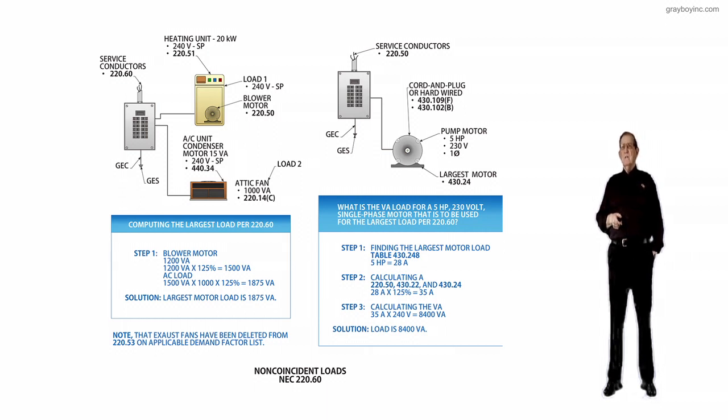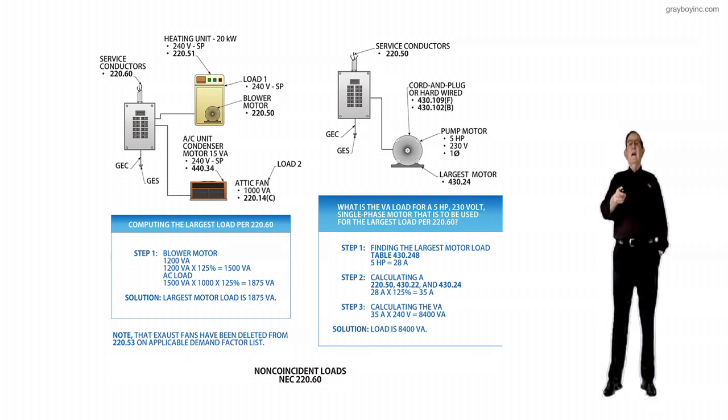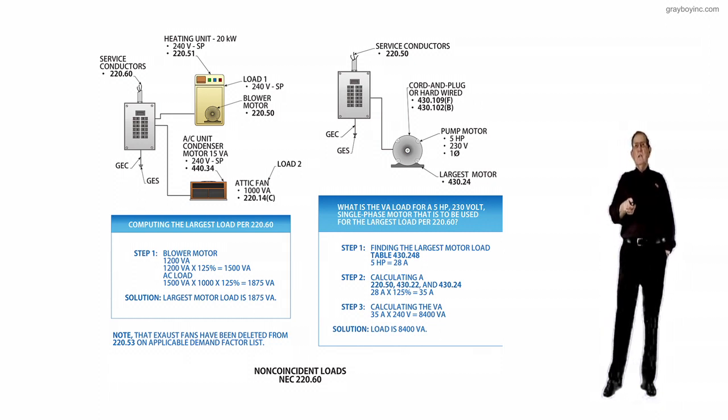Now, notice now that if your motor is a non-coincidental load in accordance with 220.12, and it's the largest of the other motors that may be present, then you would calculate it. Now, the illustration to the right, it's not in the non-coincidental loads that you see here.